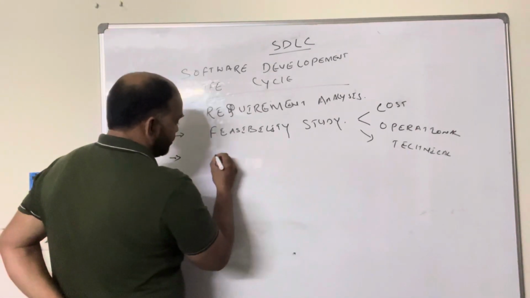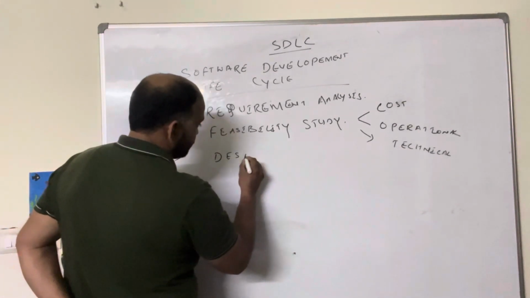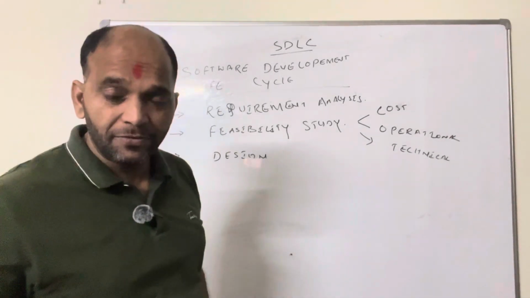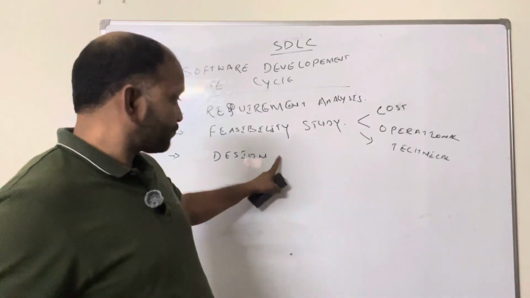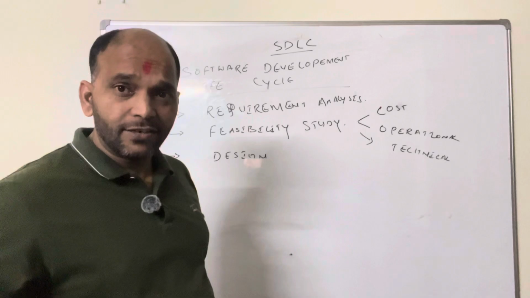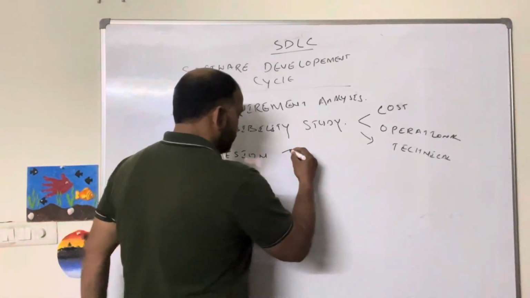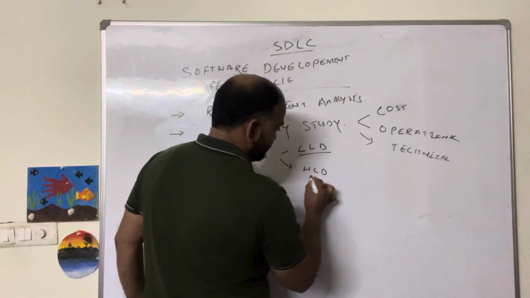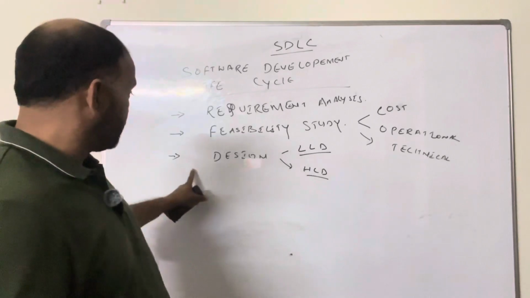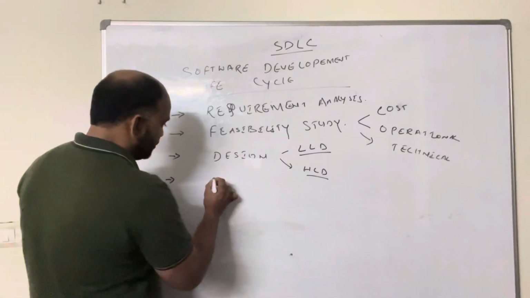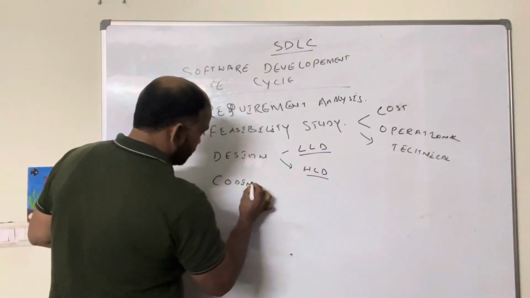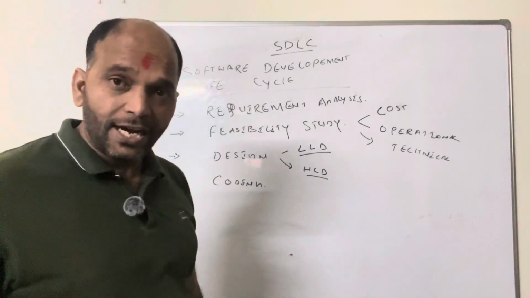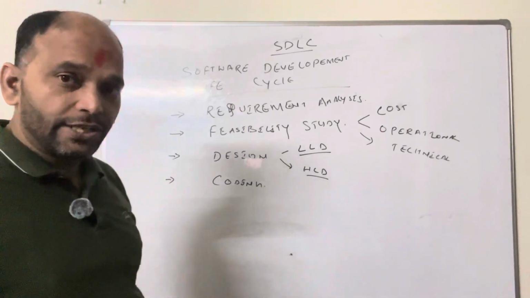Third one is design. If we talk about design, there are different levels of design. One is low level design, LLD, and second one is high level design. The fourth step is coding. Here we developers generally start doing their part, they start coding.